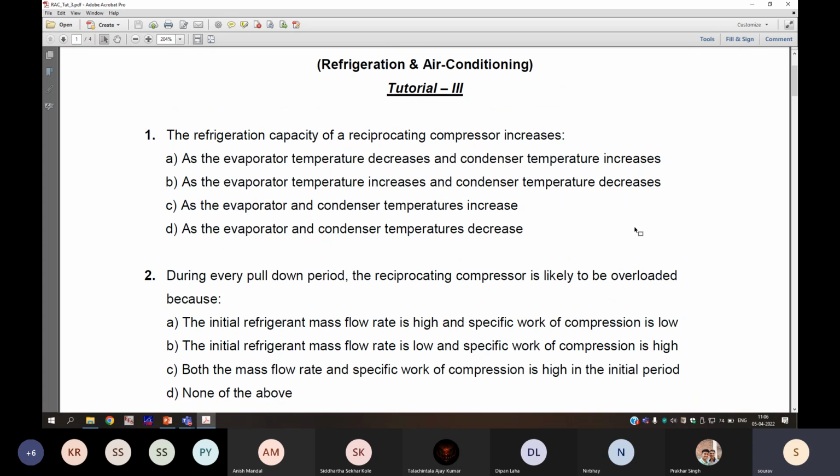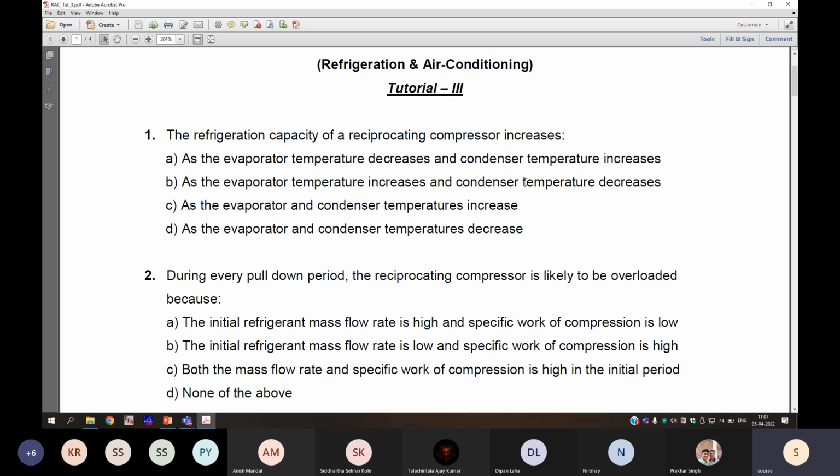So these MCQ problems. First question: the refrigeration capacity of a system using a reciprocating compressor increases as the evaporator temperature decreases and condensing temperature increases; as the evaporator temperature increases and condensing temperature decreases; as the evaporator and condenser temperature both increase; as the evaporator and condensing temperature both decrease.